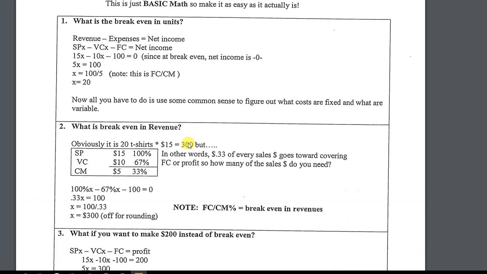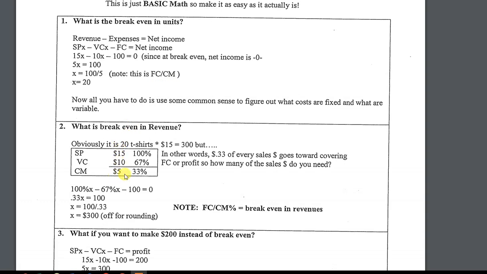A better way to get break even in revenues is to take fixed cost divided by contribution margin percent. I usually like to write it like this. My selling price is 15, my variable cost is 10, so my contribution margin in units is 5. You could do this little box before every single problem. Then I'd have my fixed cost divided by $5 contribution margin, because this is contribution margin in units.